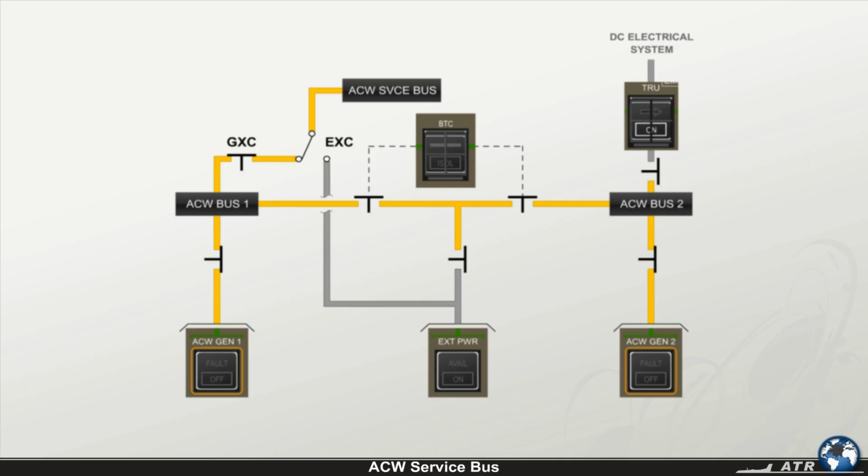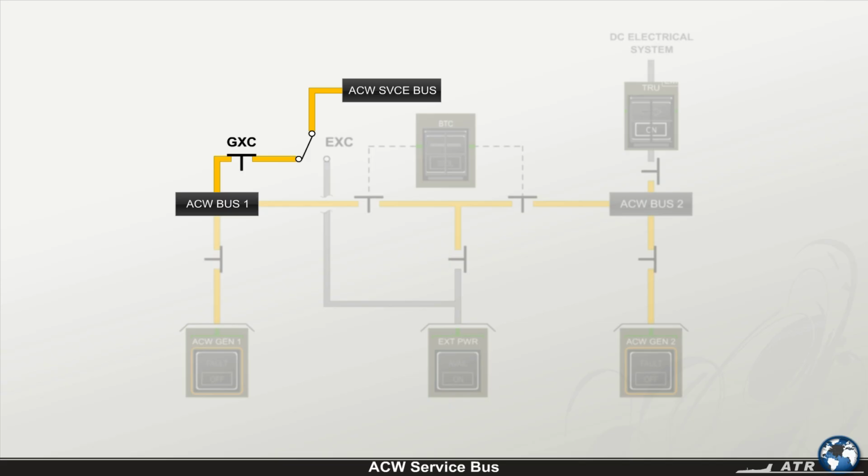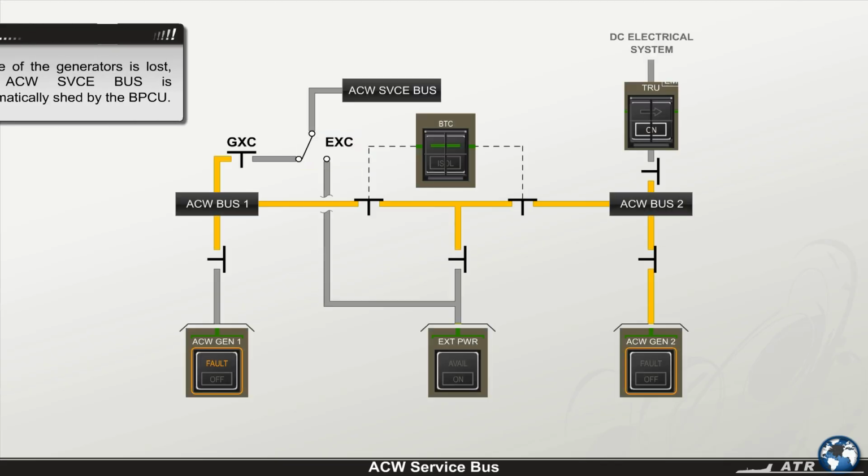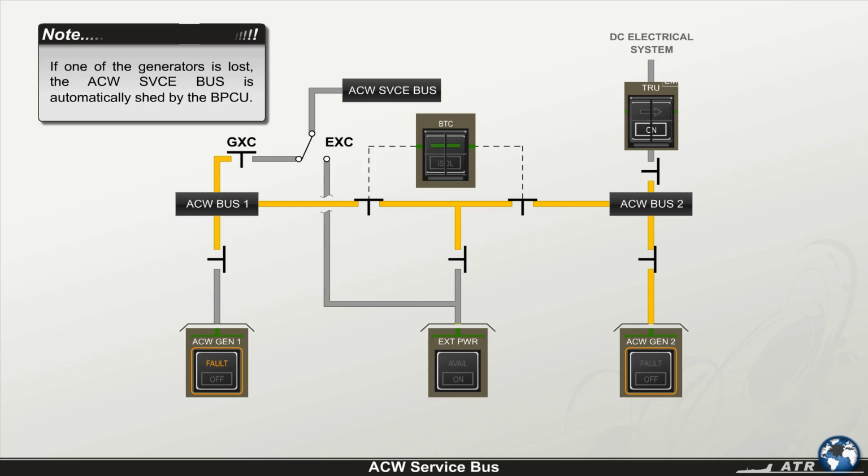The supply is accomplished by automatic connection to AC wild bus 1 when energized, either by the AC wild generator 1 or by the ground power unit via the bus tie contactor 1, or external power via a dedicated contactor if the AC wild bus 1 is de-energized or shed by the system. Note, if one of the generators is lost, the AC wild service bus is automatically shed by the bus power control unit.